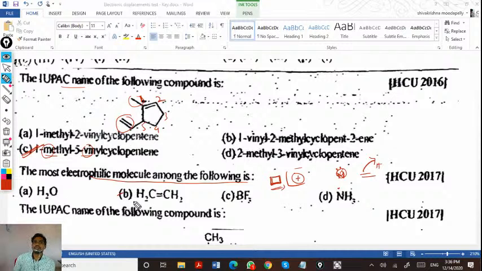Among these four, H2O has a lone pair and acts as a nucleophile, ethene can act as a nucleophile because of the pi electrons, and NH3 because of the lone pair.